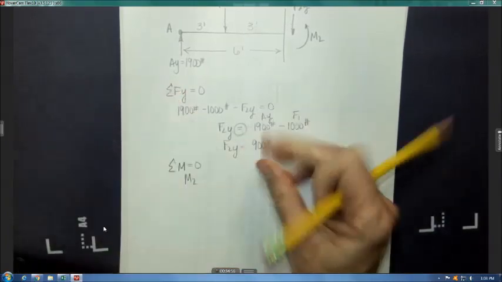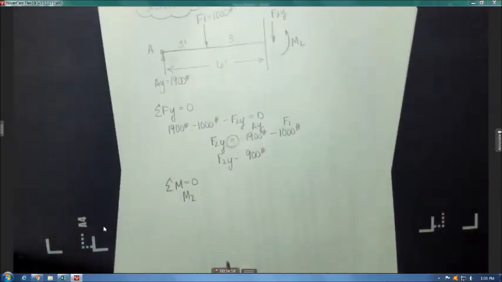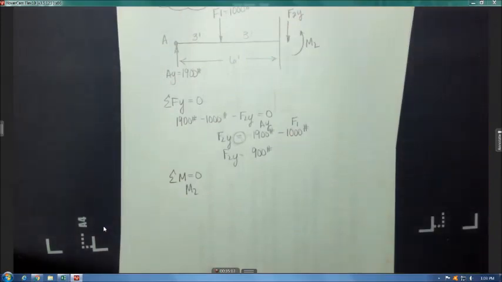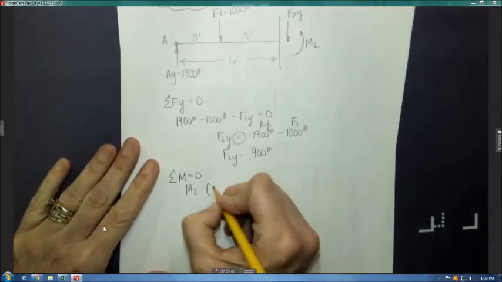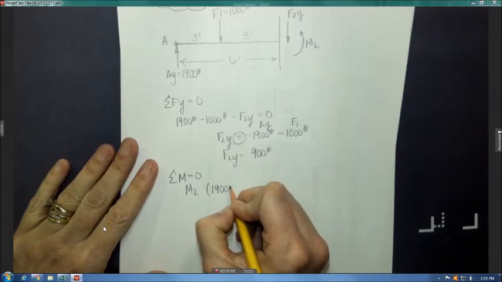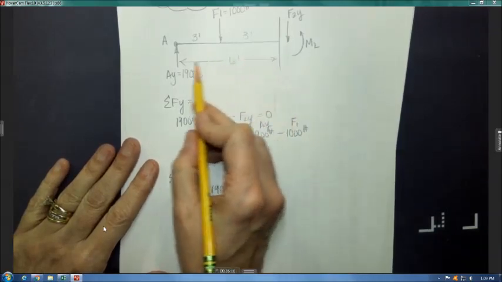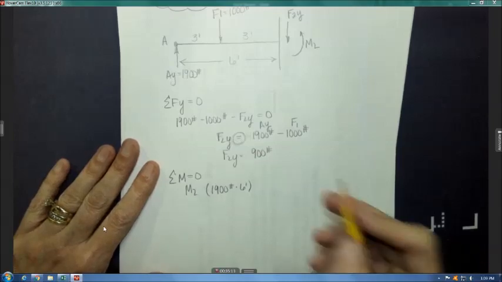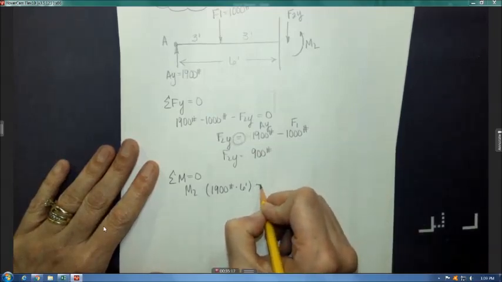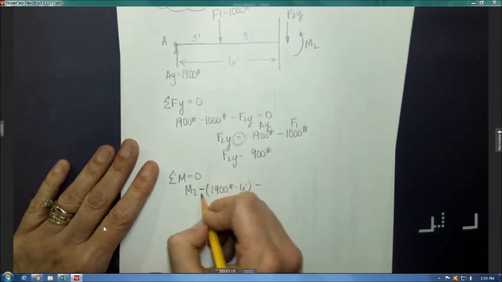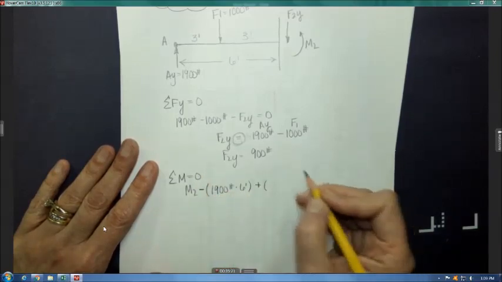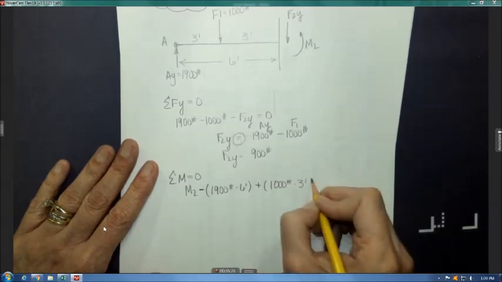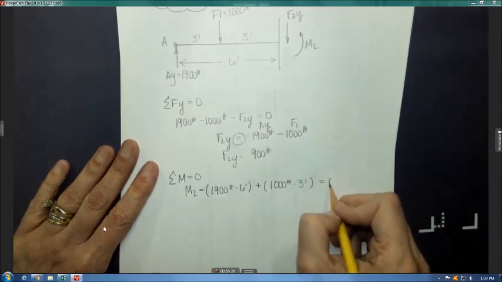And then I'm going to work left to right, starting with my A. So I'm going to have 1900 times, this time it's going to be 6 feet, then I'm going to have a positively directed 1,000 times 3 feet, equal to 0.